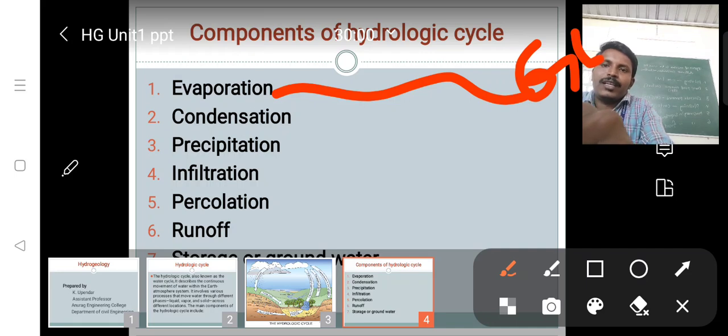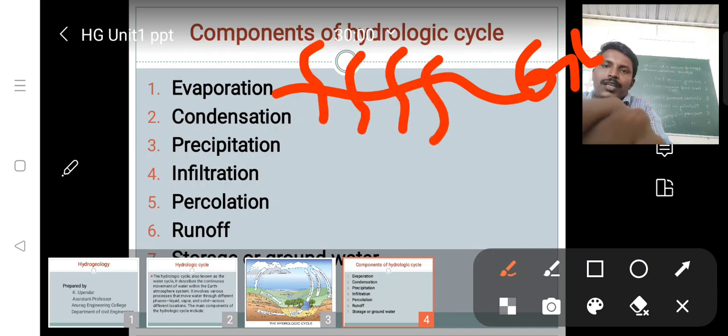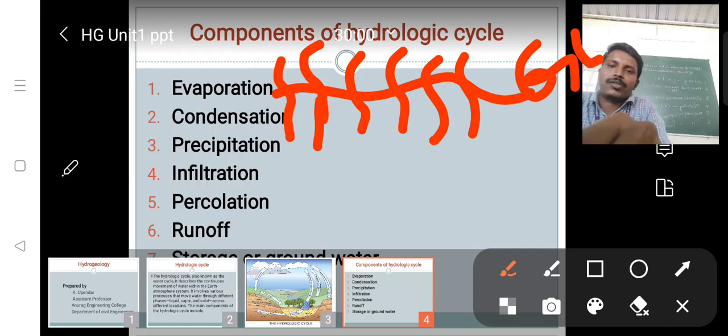The main water sources of an aquifer are infiltration, percolation, and precipitation. Topsoil is permeable. Permeable means it allows or passes water through it.